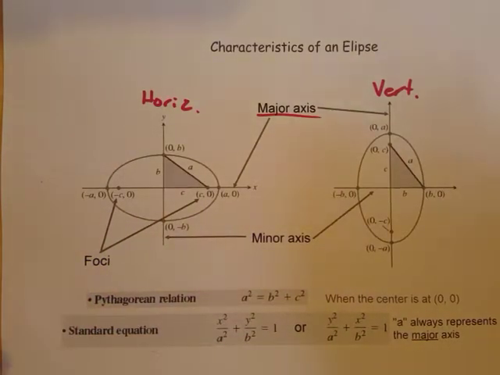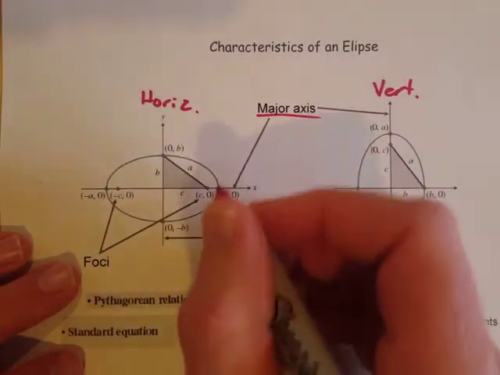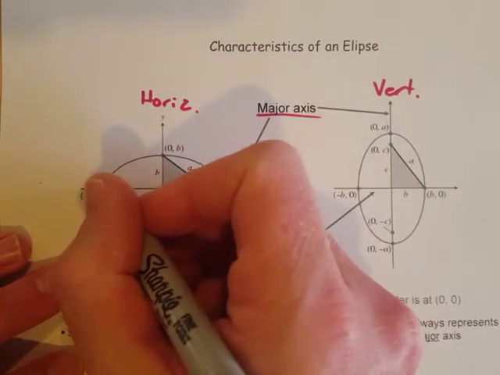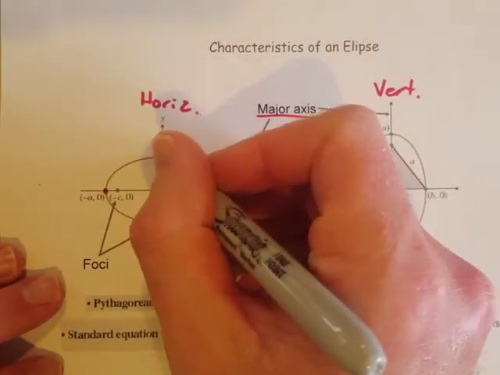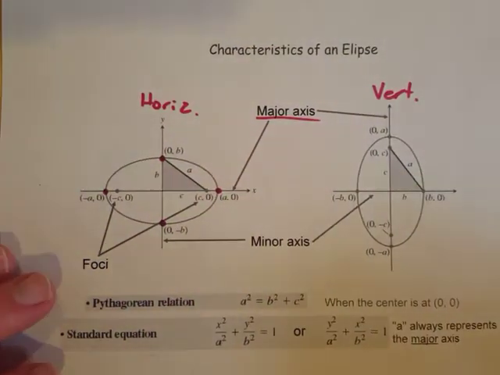Now, we talked about in the last video that the longer points on the outside are the vertices, and you might call those the major vertices, and then you also have here the minor vertices.